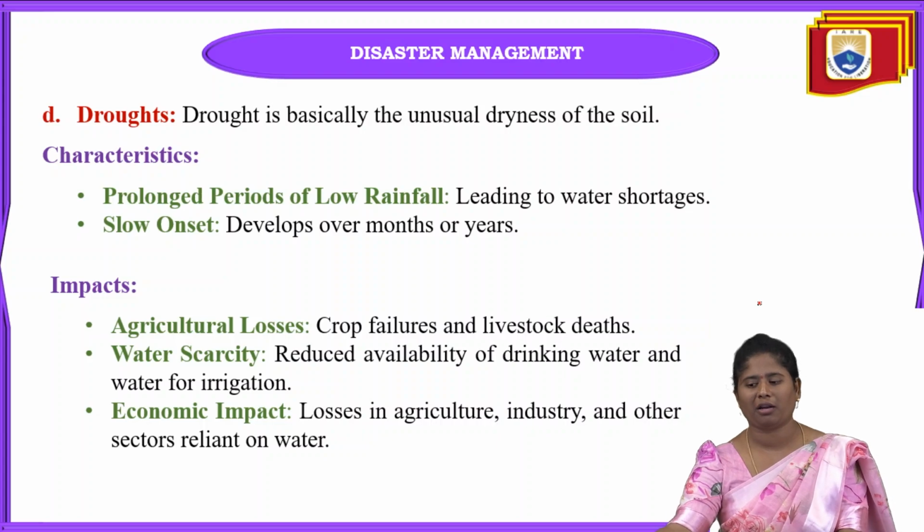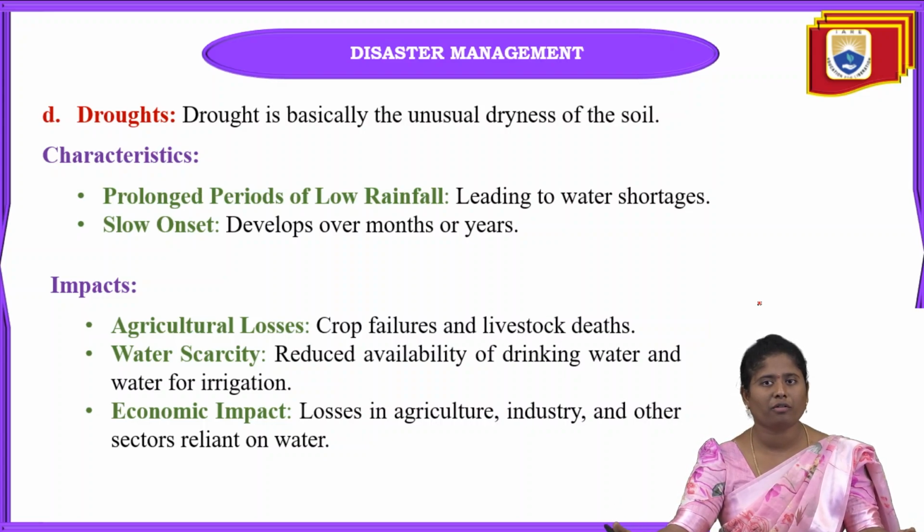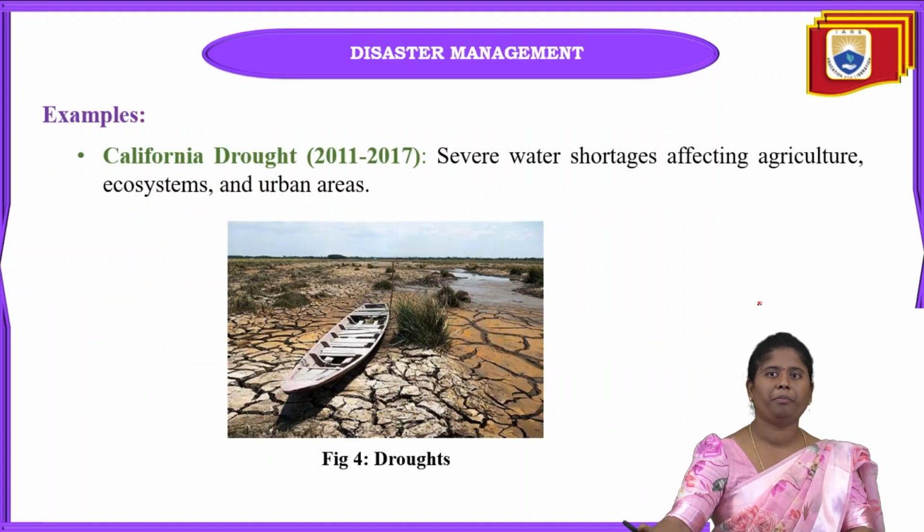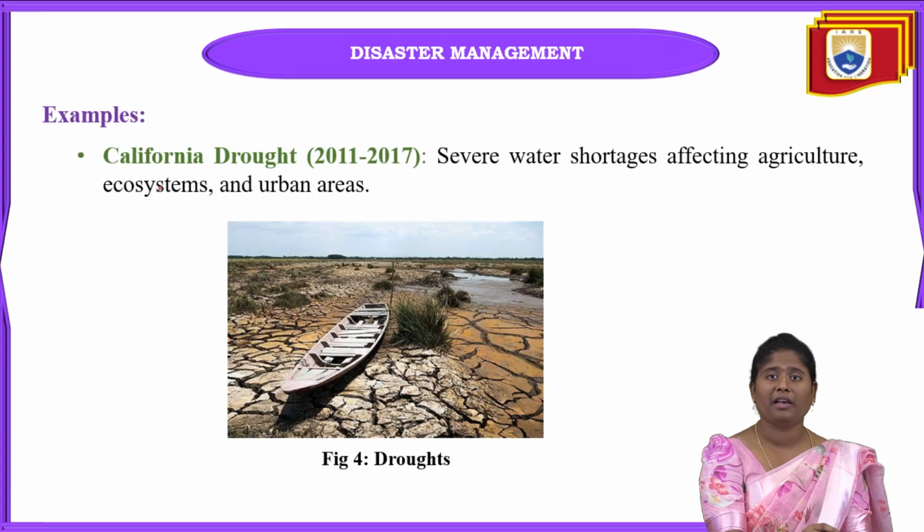Next is the economic impact. If there is no agriculture and no industry, that will impact the overall economy of our country because of the reduction of water. This is one of the pictures I got, and an example of drought is the California drought, which lasted almost 6 years.